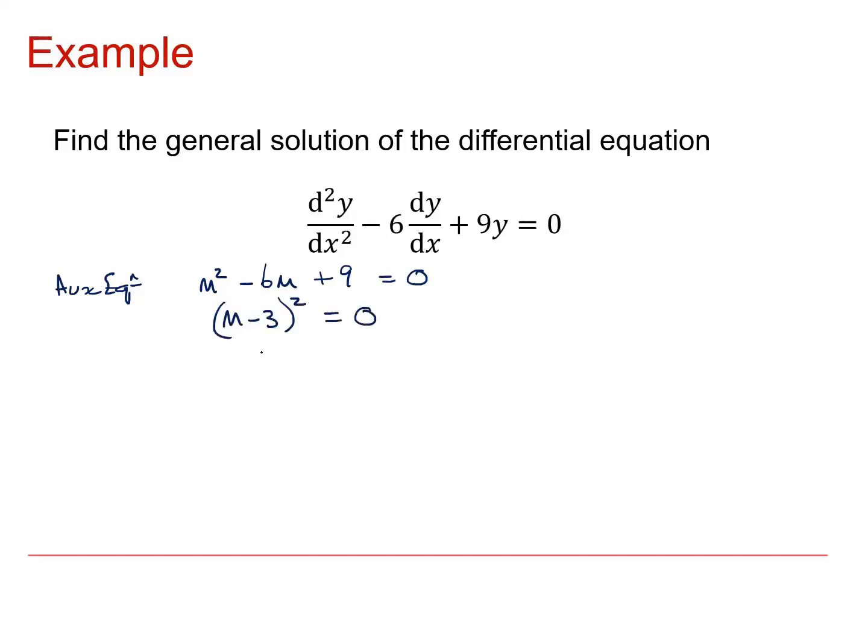And this means I get m equals 3, and it's repeated. So my general solution then, using the strategy we saw on the previous slide, is to write y is equal to a plus bx times e to the 3x. So this involves two constants, and I brought the second constant in with an extra x.